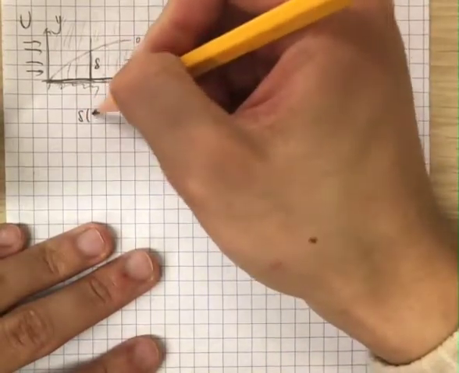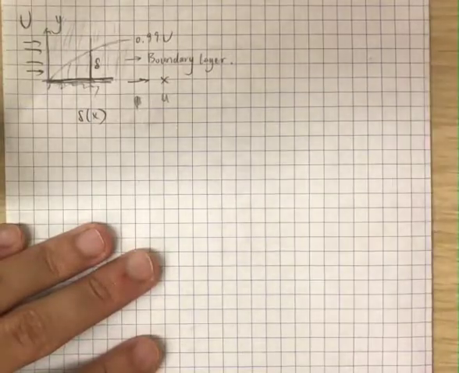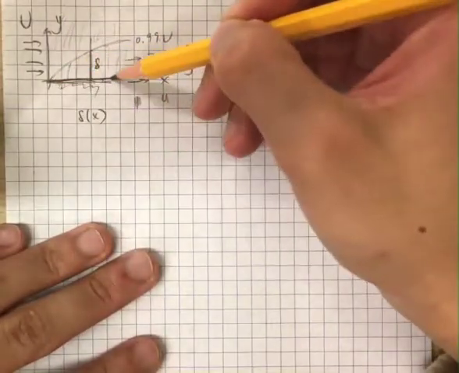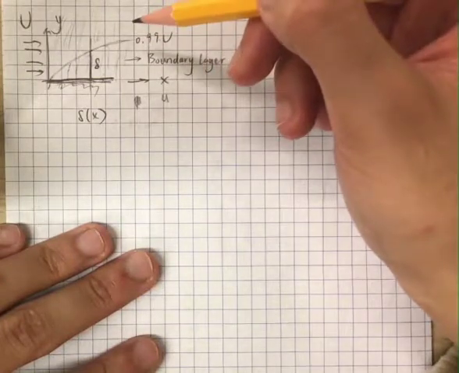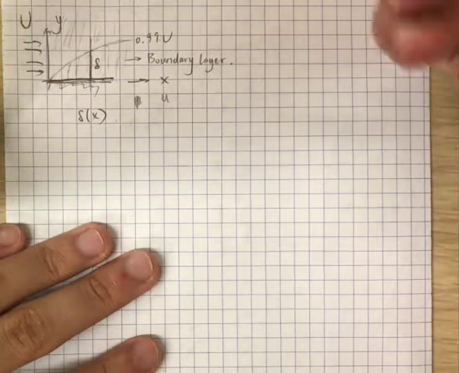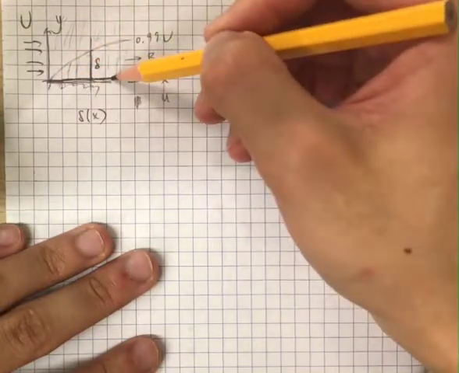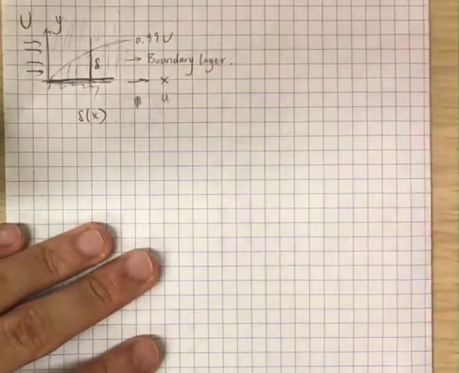Obviously, delta is a function of x, right? From our boundary to the upper surface of the boundary layer, we have to experience a velocity change from 0 to 99% u, right?